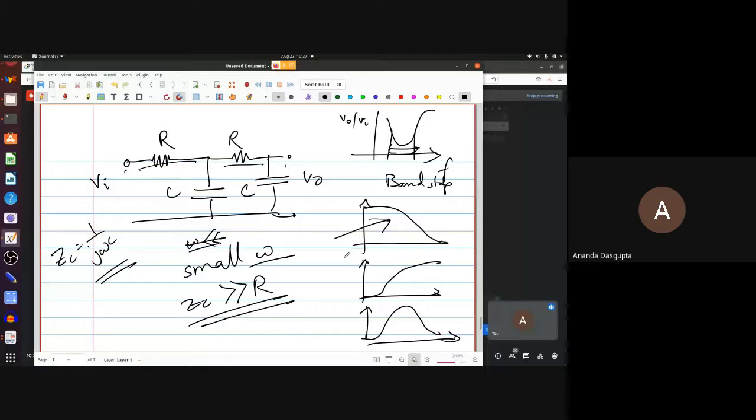But can anybody tell me what difference this will have compared to just a single RC circuit? If we just had one block, if we did not have two, then also you would have this kind of behavior, right?